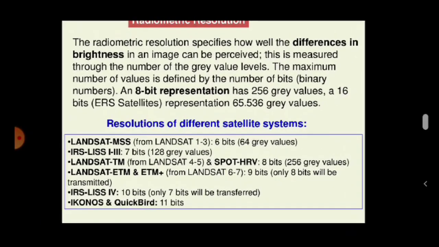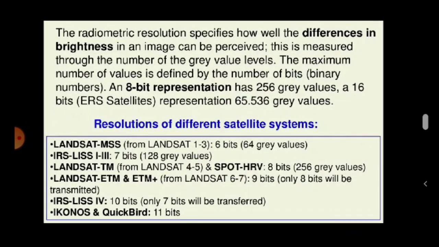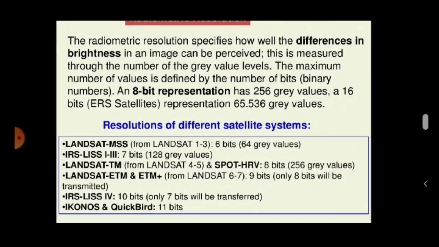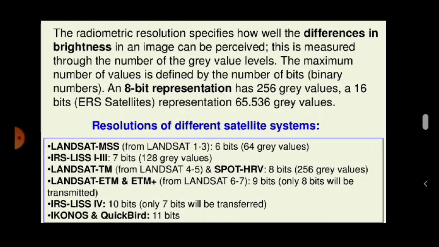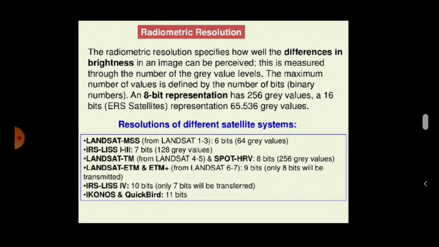So if you want to have an idea about these types of resolutions, spectral resolution deals with the wavelength of electromagnetic spectra, and spatial resolution deals with the area, and this deals simply with the difference of a brightness level. You can say that.